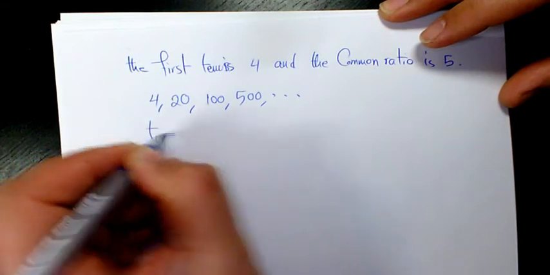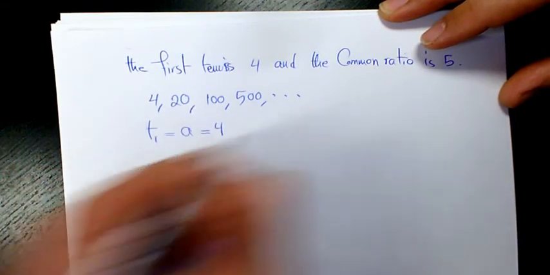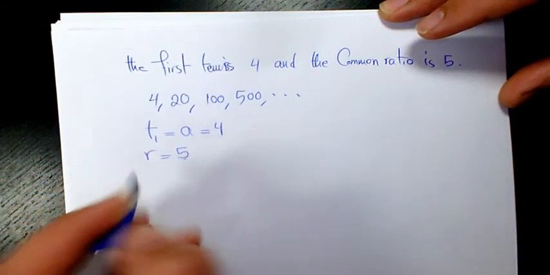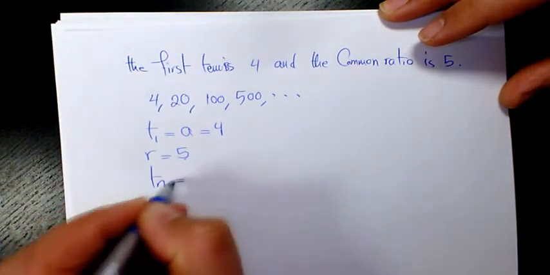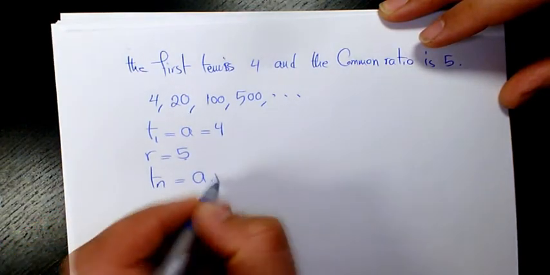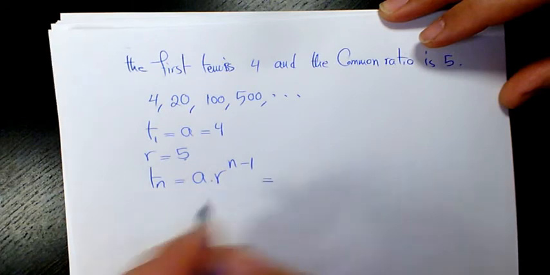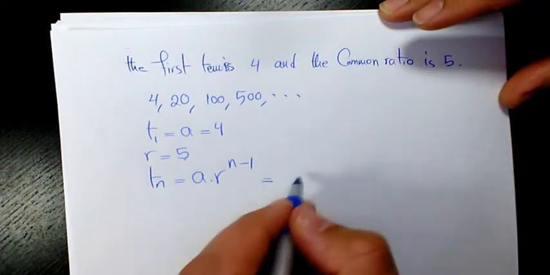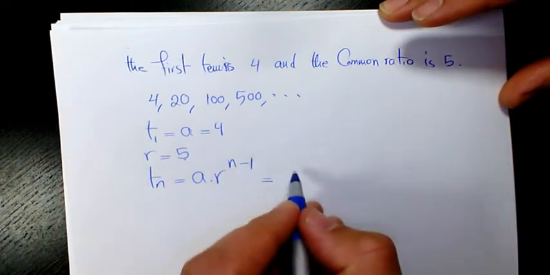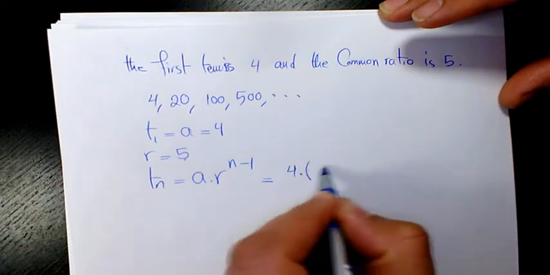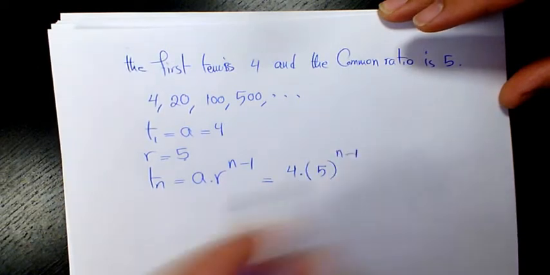So T1, or A, is 4 and r is 5. So the general formula is going to be A times r to the power n minus 1. So A is 4, r is 5 to the power of n minus 1.